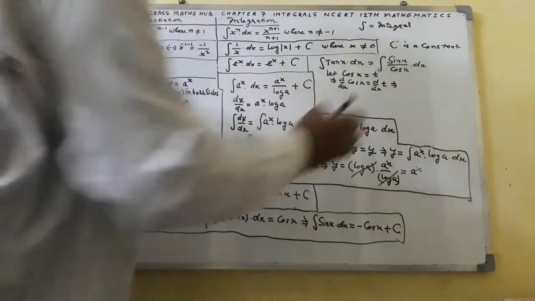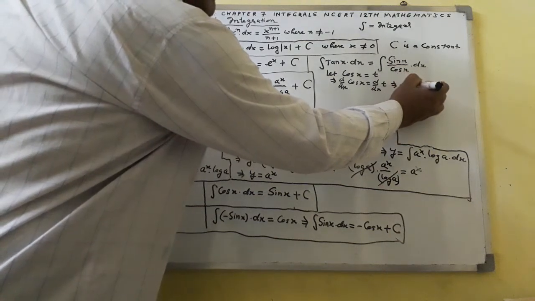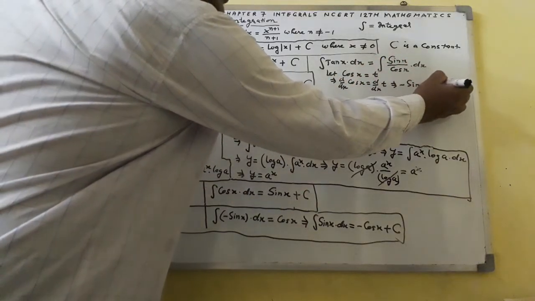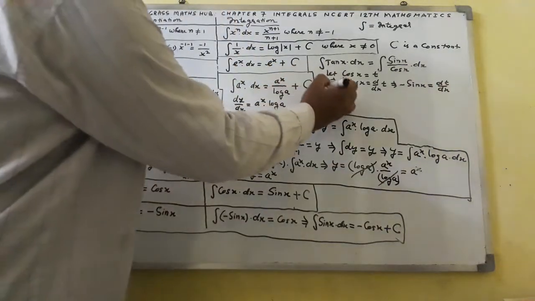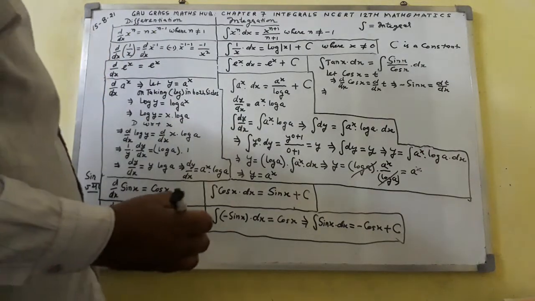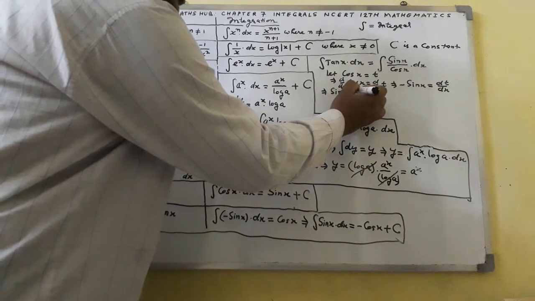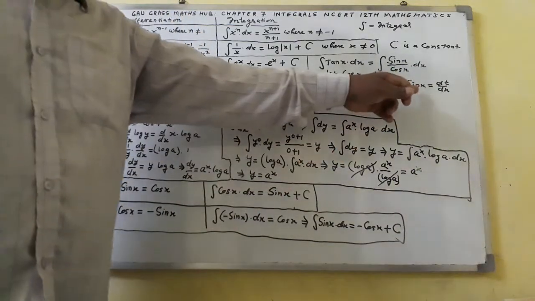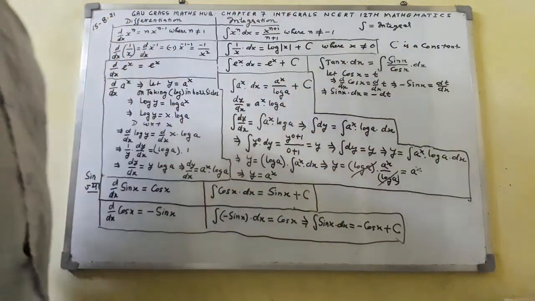You will get d over dx of cos x, which is minus sin x, equal to dt over dx. So here you have got sin x dot dx equal to minus dt. From this place you can see sin x will multiply to dx. You will get sin x dot dx equal to minus dt.